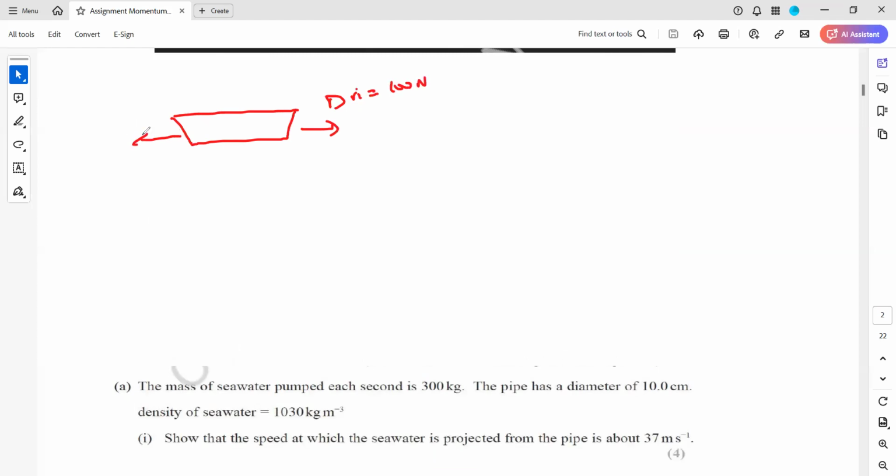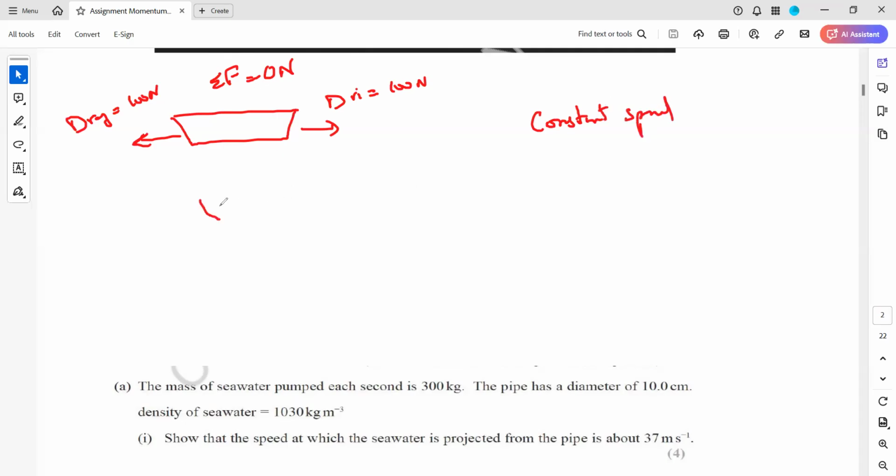You have the drag force because it was moving, so the drag force was also 100 Newton. What about the resultant force on this boat? The driving and the drag forces are equal, so there's no resultant force. The boat was moving at a constant speed initially. That is the first case.